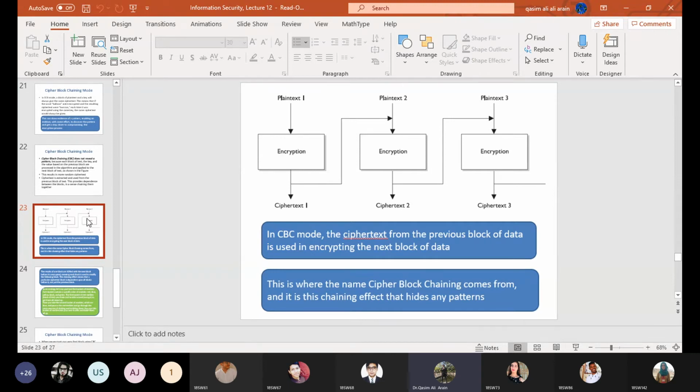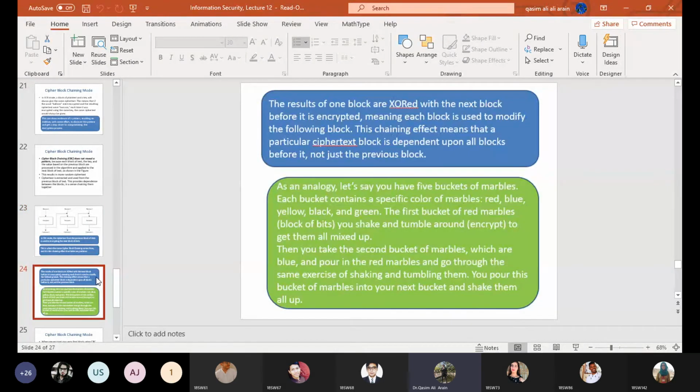Because of this chaining, patterns are not going to be generated in this scenario. The result of one block is XORed with the next block before it is encrypted, meaning each block is used to modify the following block. This chaining effect means that a particular ciphertext block is dependent upon all blocks before, not just the previous block.